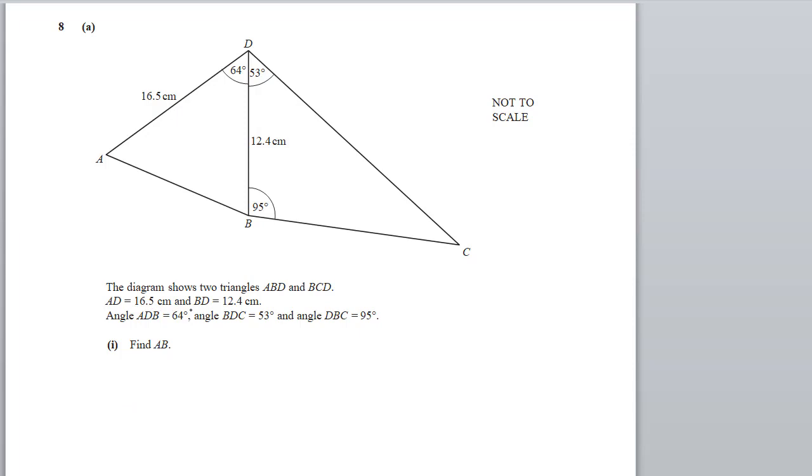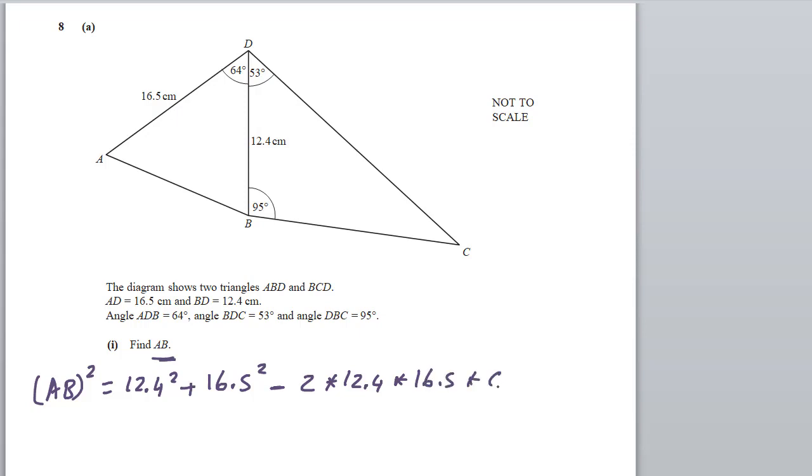The diagram shows two triangles ABD and BCD. AD is 16.5 centimeters and BD is 12.4. Angle ADB is 64, and the angle BDC is 53, and the angle DBC is 95. Find AB. So he needs AB. So cosine rule. AB squared equal to 12.4 squared plus 16.5 squared minus 2 multiplied by 12.4 multiplied by 16.5 multiplied by cosine 64.